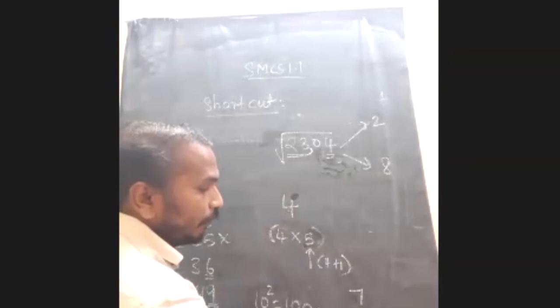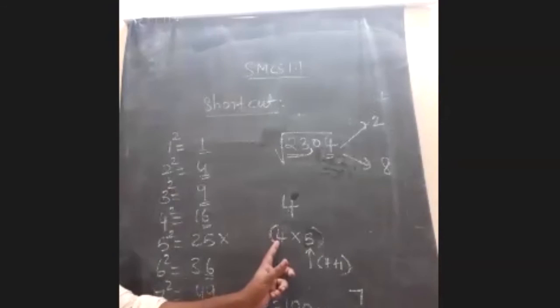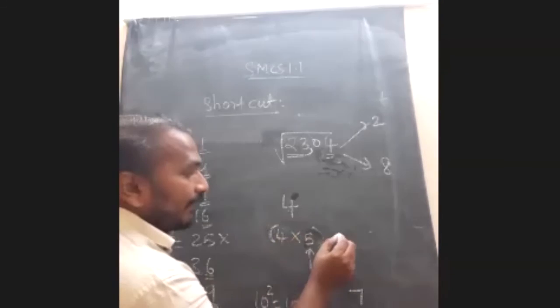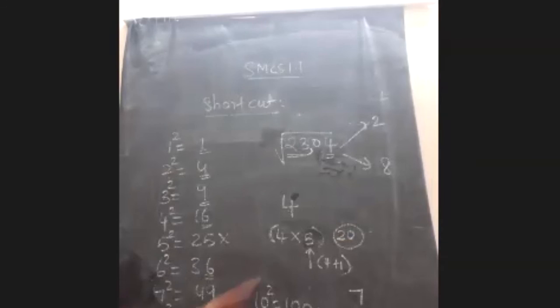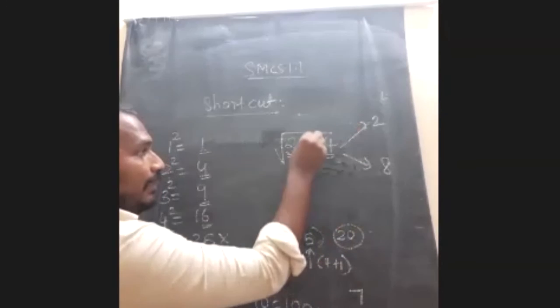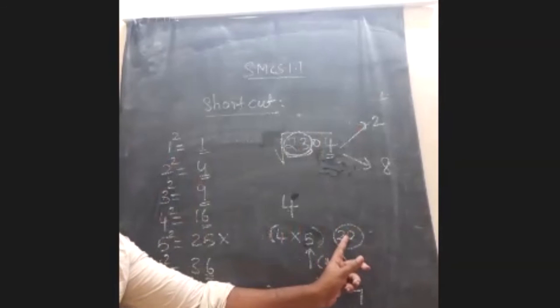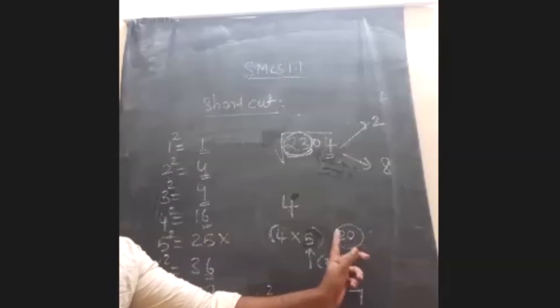7 plus 1, so one number more than the selected digit. 4 into 5, 4 5s are 20. Now see this number: our selected number is 23, but our resultant number is 20 here.